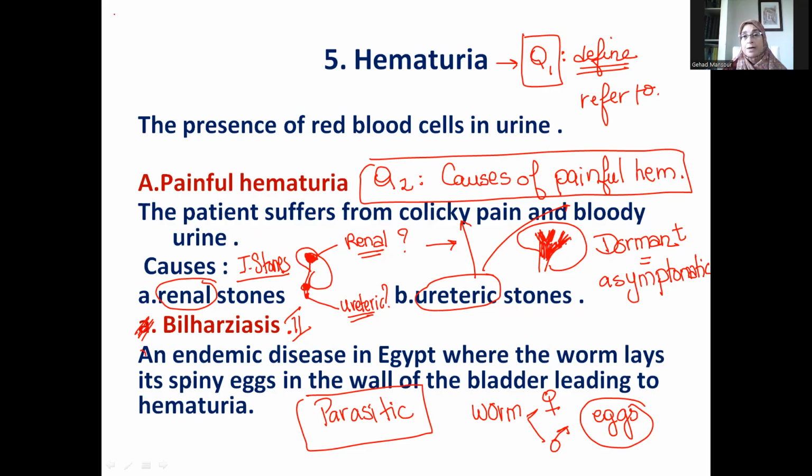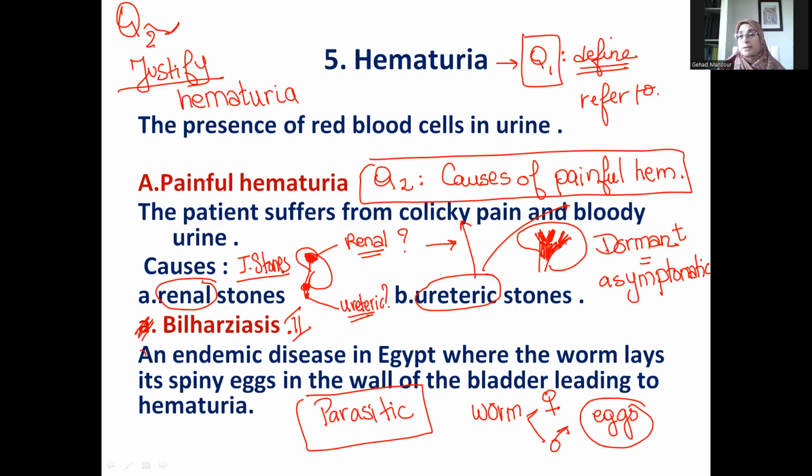So I might ask you question 2: justify why there is hematuria associated with bilharziasis. Patients with urinary bilharziasis, because there are two types of bilharziasis.